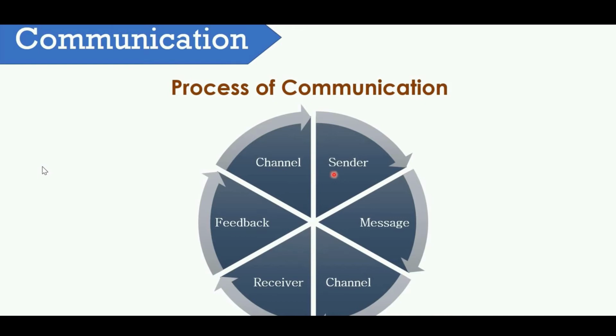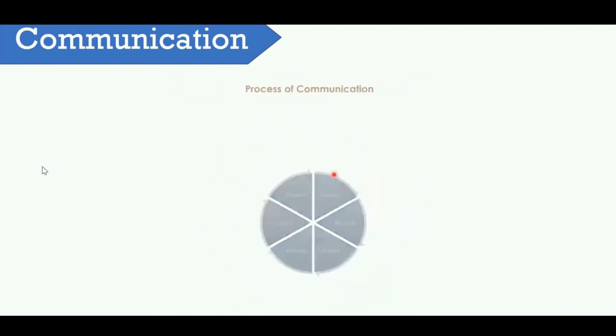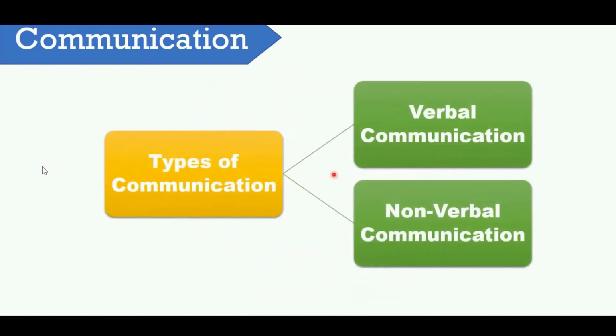So in this way the process of communication continues. Now we are going to understand the types of communication. On the basis of channel, there are two types of communication: verbal communication and non-verbal communication.